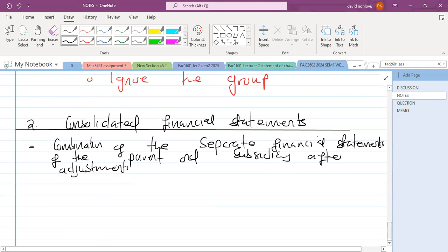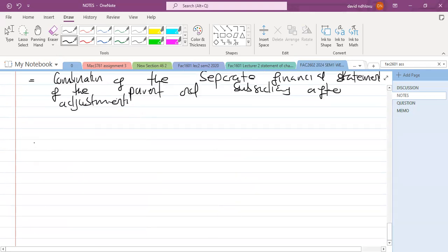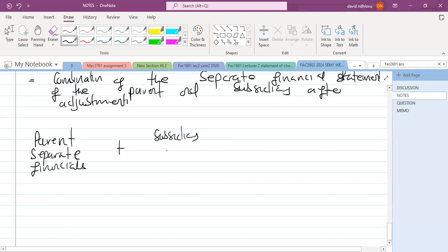So the consolidation process can be presented as follows. You take the parent's separate financial statements, add those of the subsidiary, and what you get are the consolidated financial statements.